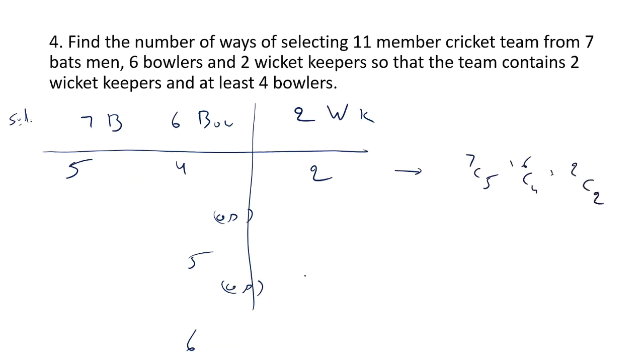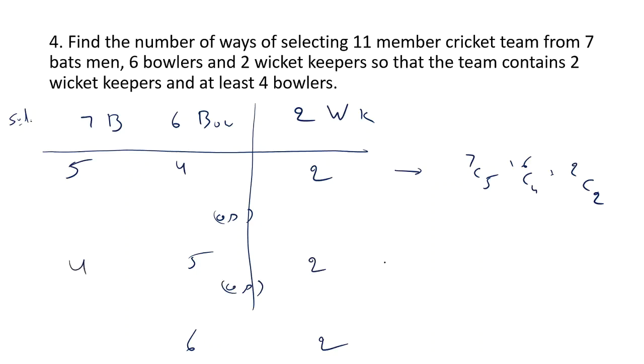Or else what I can do is I can select 5 bowlers and 2 wicket keepers. 2 wicket keepers are compulsory. So I can select 2 wicket keepers and 5 bowlers. If I select 2 wicket keepers and 5 bowlers, I can choose 4 more batsmen.